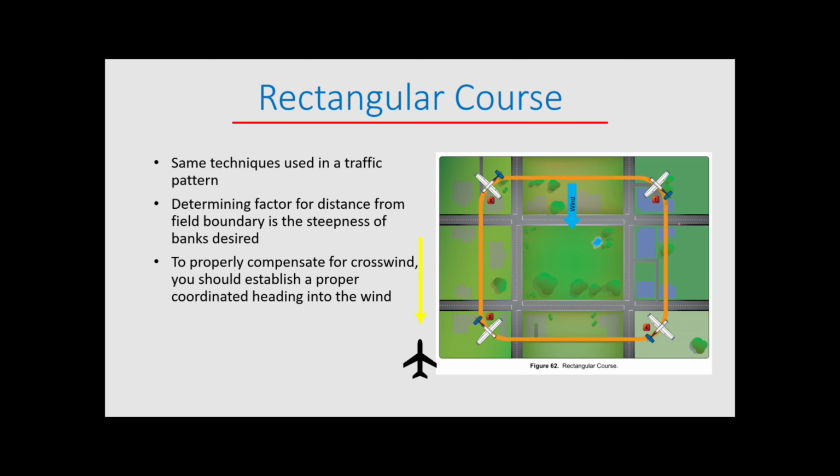Imagine the wind is really, really pushing you off course, so you're going to crab into the wind. And then when you turn from crosswind to downwind, you're going to make this turn here and then fly parallel to the wind. And then once you're on leg 3 or corner 3, you're going to make an exaggerated turn again and fly a crab into the wind to fly to leg number 4 or to corner number 4.